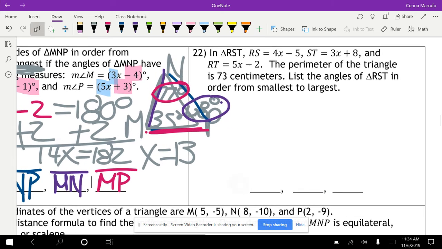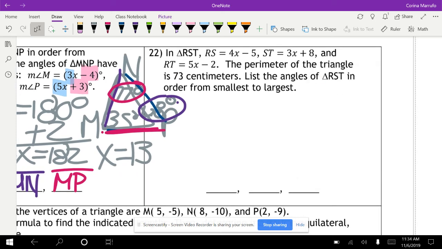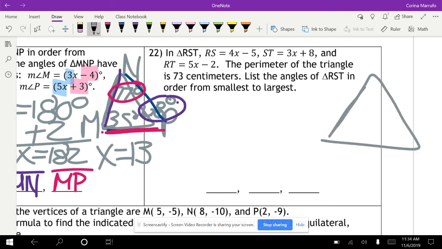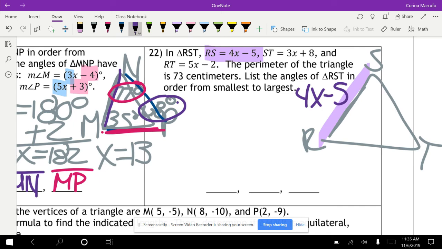All right, number 22. In triangle RST, RS is 4x minus 5. So let me draw a triangle. This is RST. And they tell us that RS is 4x minus 5. So there I'm going to write a 4x minus 5. And then the next one is 3x plus 8.